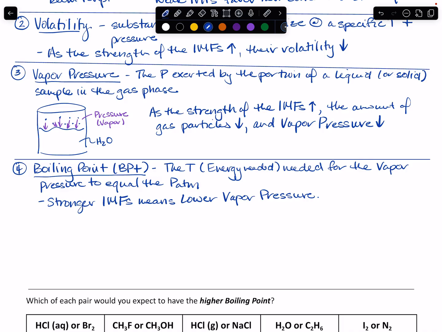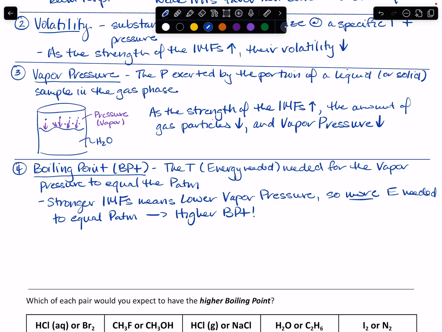So you're going to need a lot of energy to get that vapor pressure up to equal the atmospheric pressure. So stronger IMFs means lower base vapor pressure, so more energy needed to equal the atmospheric pressure. And that more energy means a higher boiling point.